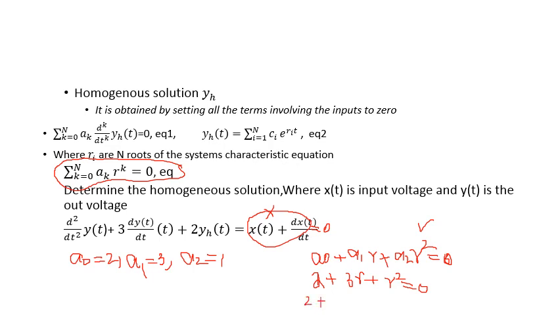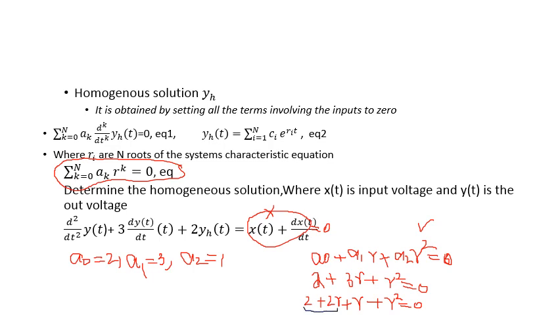I can write it as 2 plus 2r plus r plus r square, right? So we have 2 common in this term.